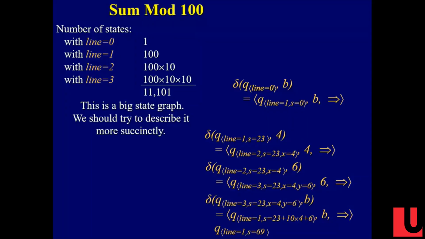So that's 100 times 10, which is 1,000. But that's wrong, because here I'm going to have line 1 S equals 0 up to line 1 S equals 99, and here I'm going to have C equals 0 or C equals 1.